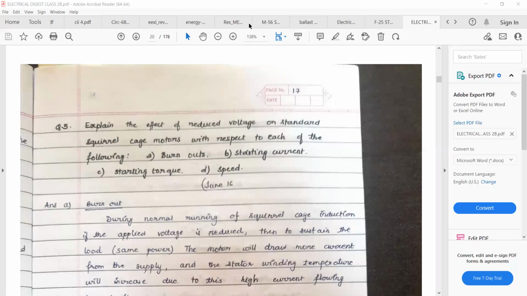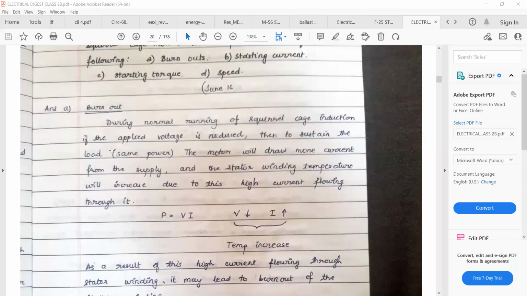Okay. So first is burnout. During normal running of the squirrel cage induction motor, if the applied voltage is reduced, then to sustain the load, that is the same power, the motor will draw more current from the supply. And the stator winding temperature will increase.